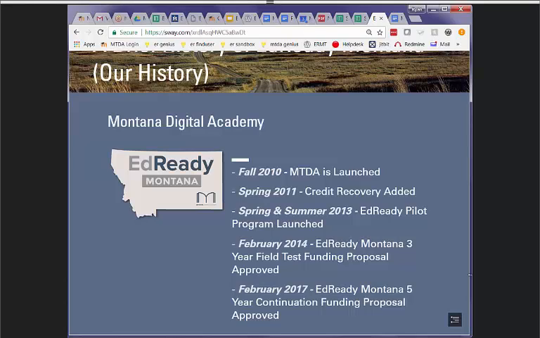Based upon those results, 3 years in, we got 5 more years starting in February 2017. So we're just starting the 2nd year of our 2nd gift, and essentially bringing this program free of charge to everybody in Montana. And we've expanded since that early time from 7th grade through higher ed to include everything from upper elementary school through adult basic education.